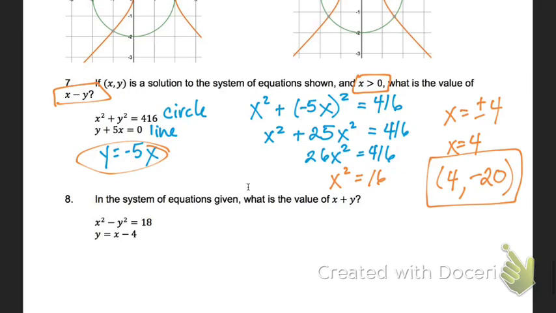I guess this is kind of like an SAT problem. So x minus y would be 4 plus 20. Why is it negative 20 and not positive 20? Because negative 5 times 4. So x minus y would be 24.